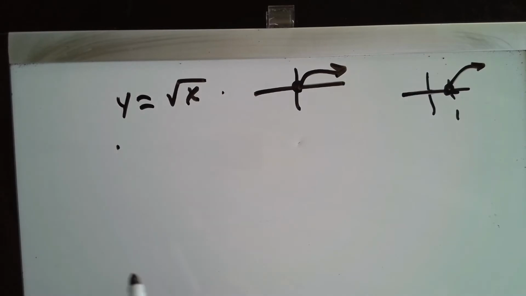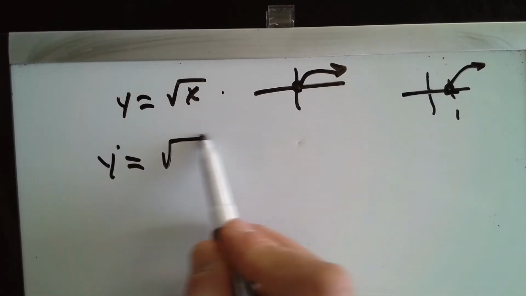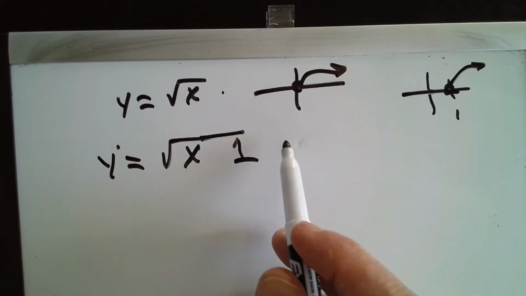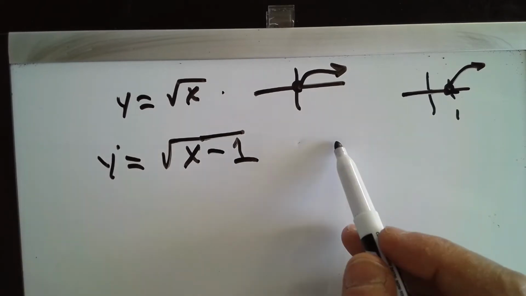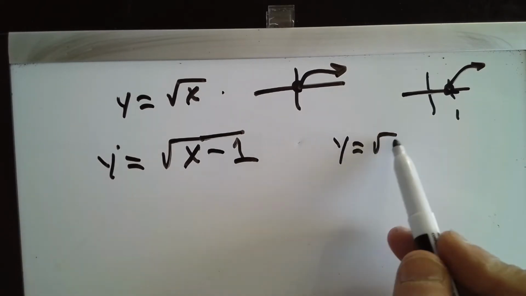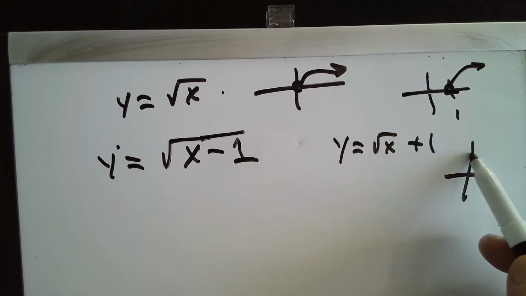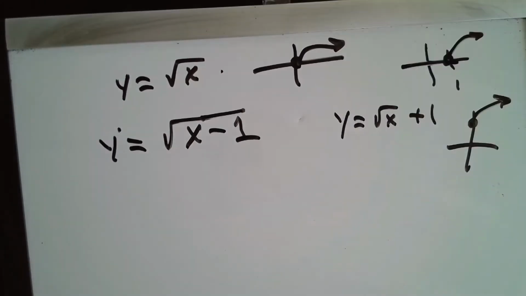Yeah, it's going to be inside. Y equals the square root of x, and is it going to be a plus 1 or a minus 1? Minus 1. Good. It's not this, because this is up here, right? All right, good. Any questions with that?